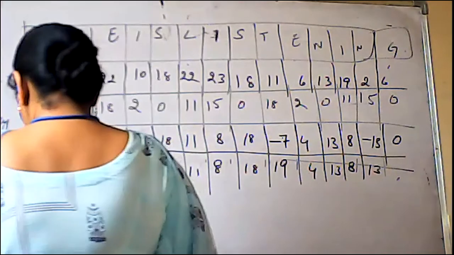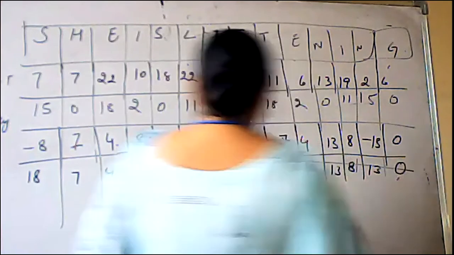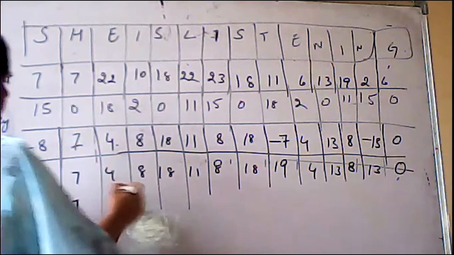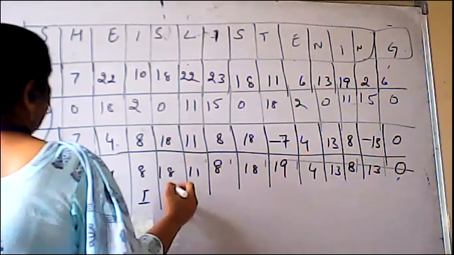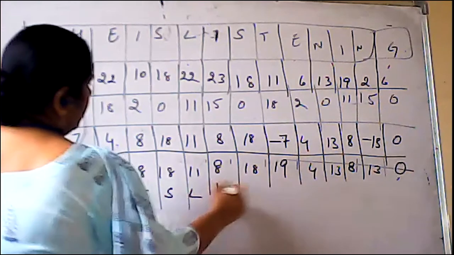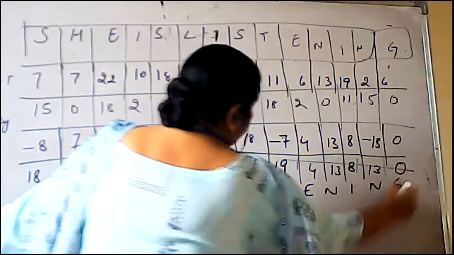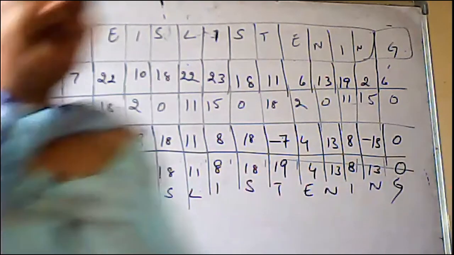Then you will get 0. If you decode this, this is S, H, E, I, S, listening. This is how it is decoded.